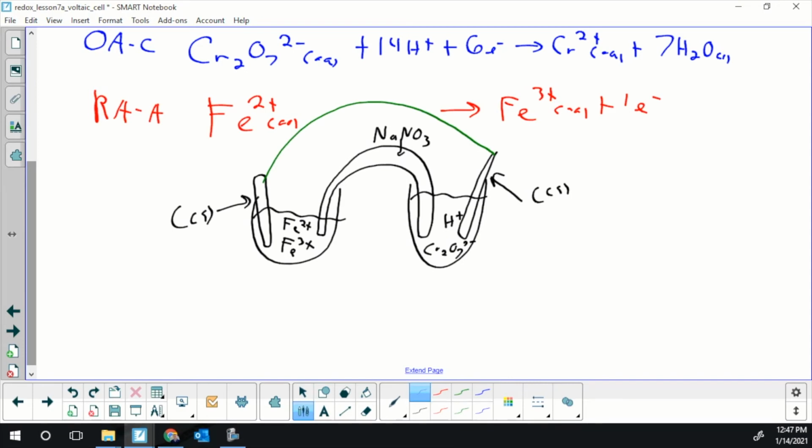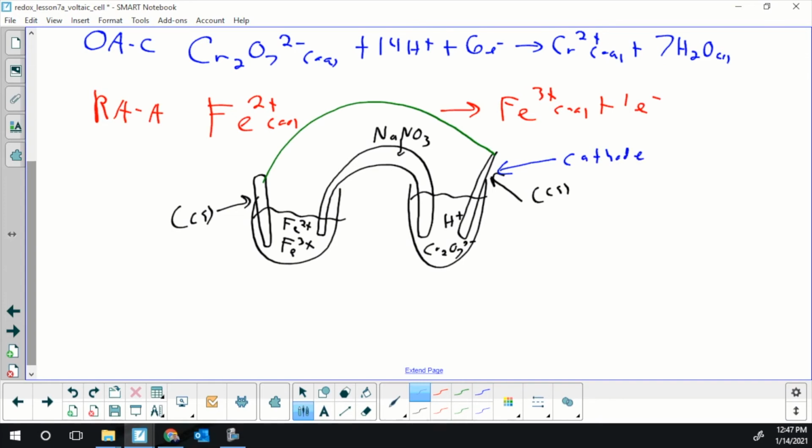And now I'm looking at the part B, all the things the question asked me to draw. So draw a cell labeling the electrodes. So I put what material they are. I'm going to put which one is which. Okay. The dichromate half cell has to be the one that has the cathode.